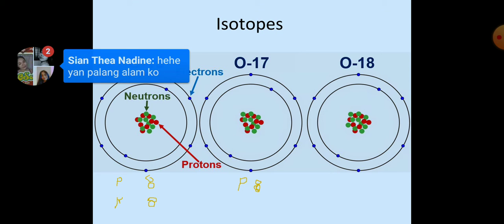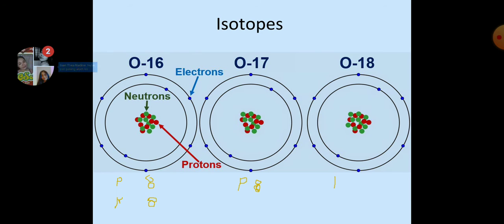And for the oxygen 18, we also have 8 protons. Okay? Nagkakaiba sa number of neutrons. So, the 16, 17, and 18 represents the atomic mass.